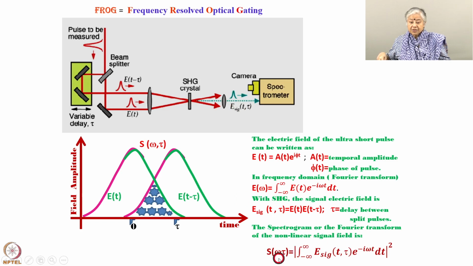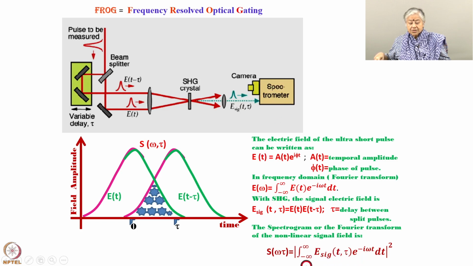The spectrogram is given by S(omega, tau). Omega is the spectrum, the frequencies, and tau is of course the delay time. Now it is the intensity that it is picking up. It's picking up the different frequencies in this pulse, and also it is taking the intensity of that. So, this is what I get.